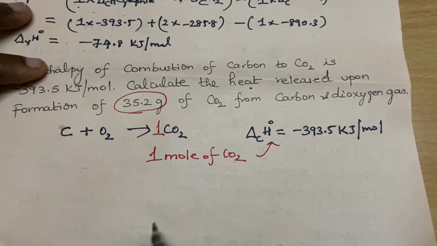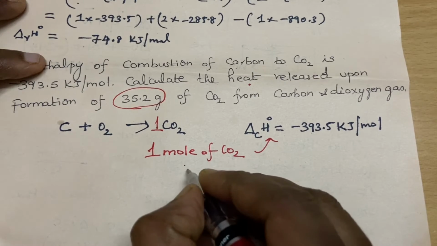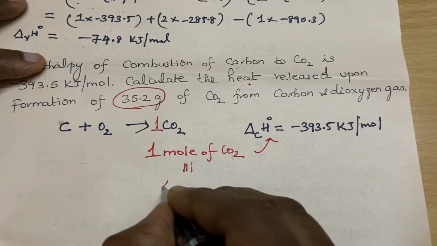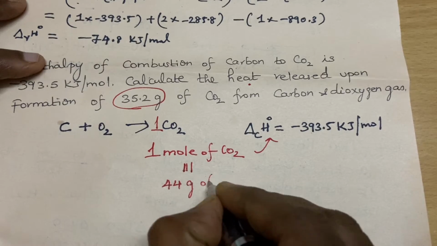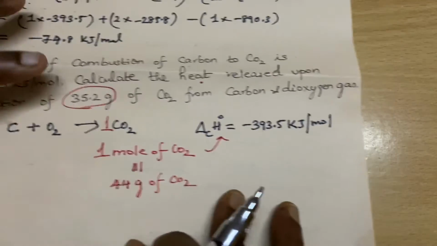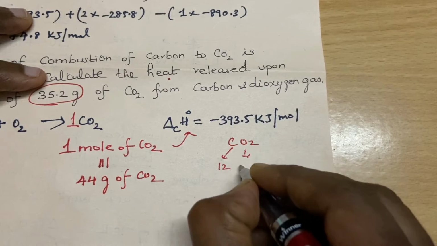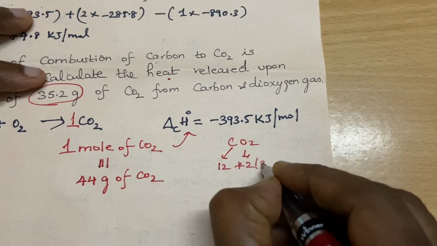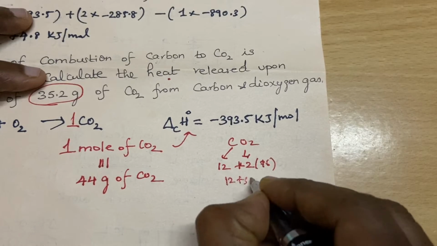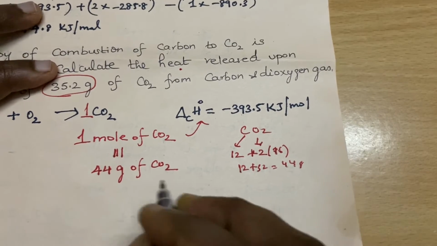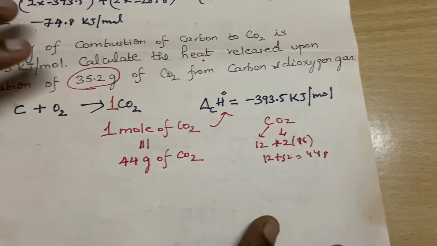So 1 mole of carbon dioxide is equal to how many grams, students? Equal to 44 grams, isn't it? 1 mole is the molecular weight of carbon dioxide: carbon is 12, and 2 oxygens are present, plus 2 into 16. So 12 plus 32 is equal to 44. So 1 mole of carbon dioxide is equal to 44 grams.